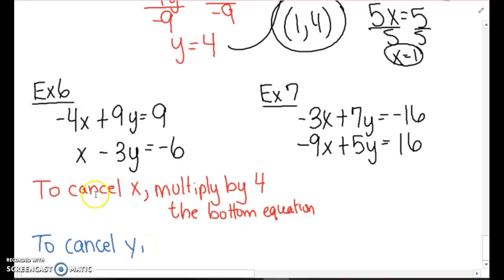To cancel y, we have 9 and 3. Can I multiply the 9 by something and get 3? Not really. Can I multiply the 3 and get 9? Yes, I could multiply 3 by 3 and it would give me 9. So to cancel y, I could multiply by 3.